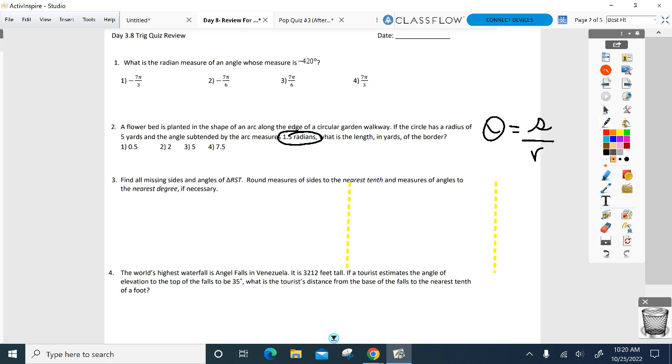The only thing I can measure in radians is an angle. So even though it says the arc measures 1.5 radians, it's not referring to the arc. It's referring to the theta. Degrees or radians, always angles, always the theta. No need to convert because it's in radians. The radius was 5, so I'm looking for the arc length now.